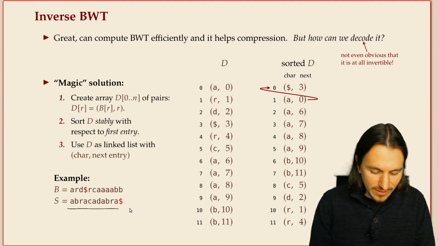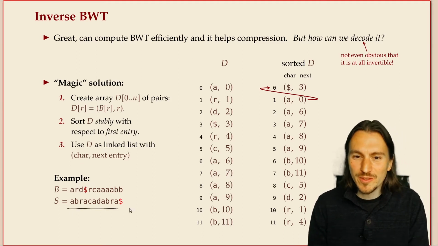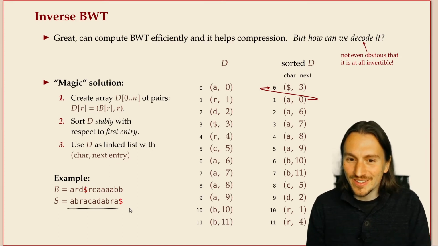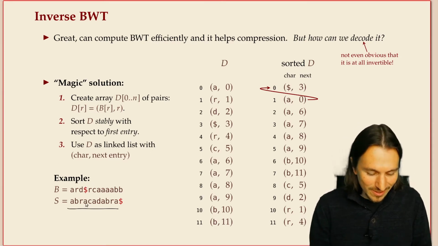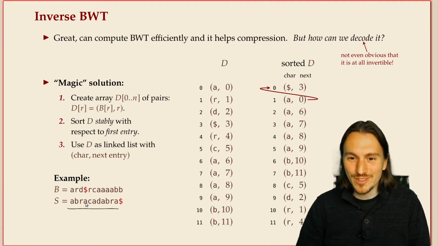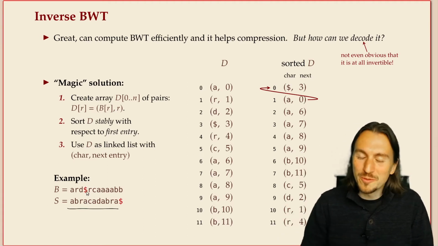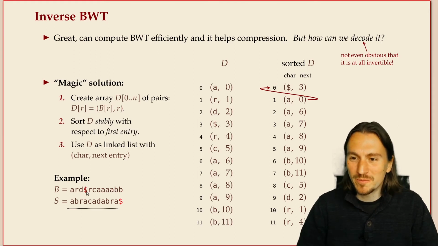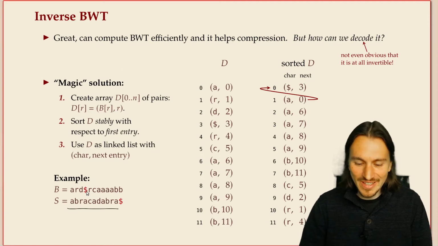And here you see the source text was abracadabra. If you write this down, take all the cyclic shifts or the suffixes and sort them, take the last column, you will find that this is indeed the BWT of abracadabra. That's magic, isn't it?